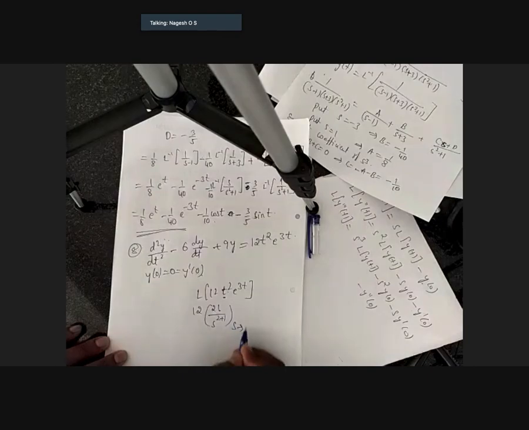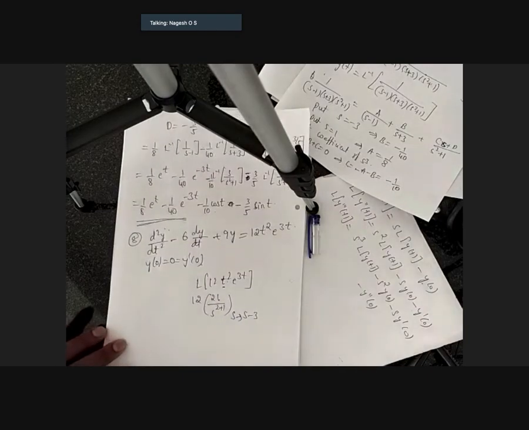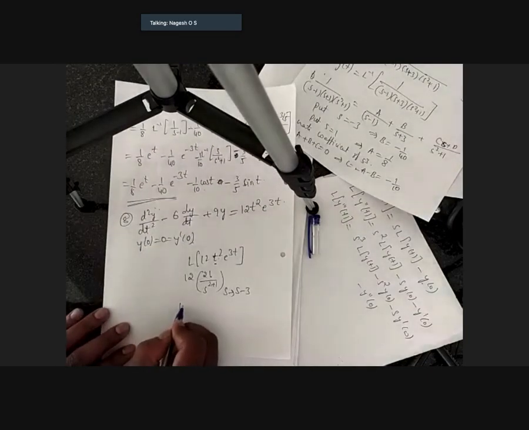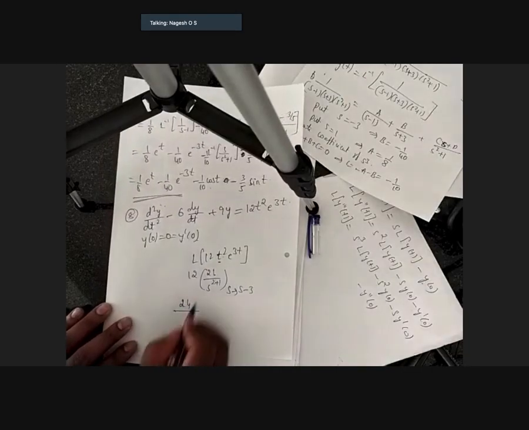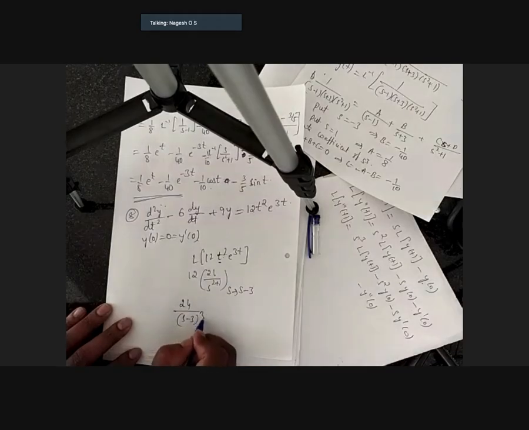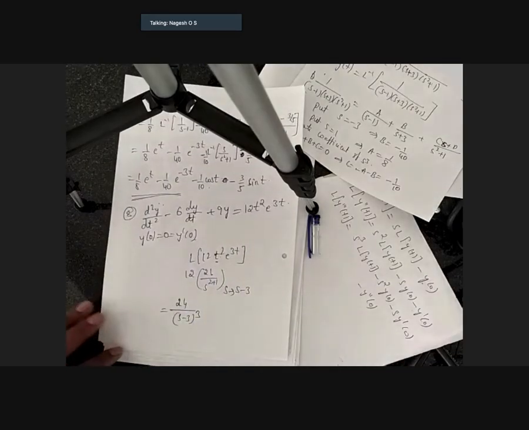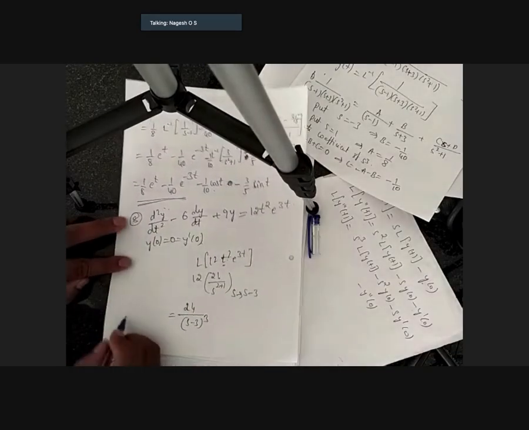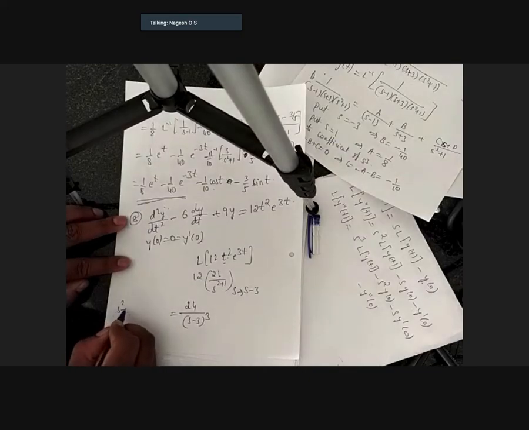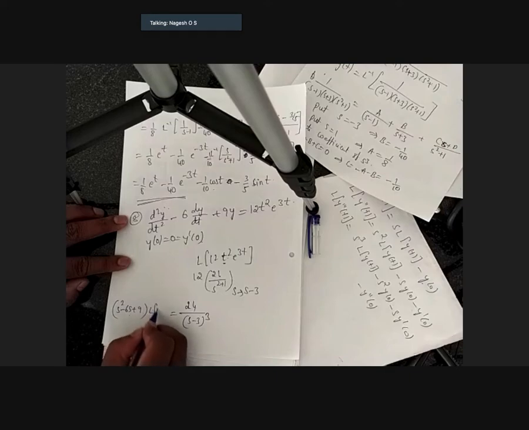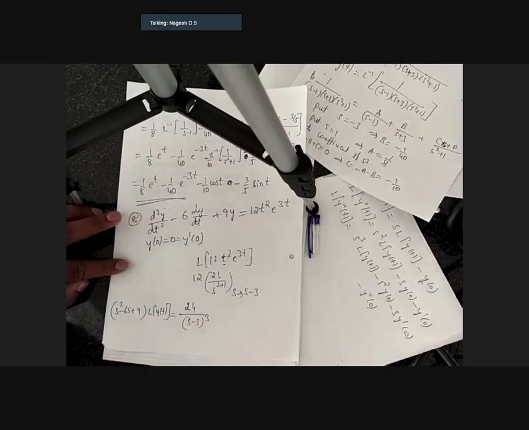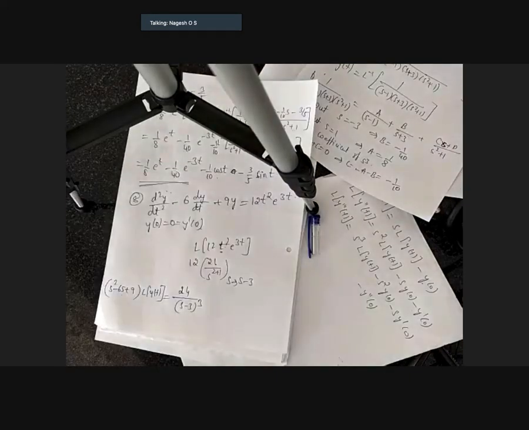Replace s by s minus 3. So 12, 24 by s minus 3 whole cube. Okay, this is the right hand side, and in the left hand side you will get Laplace transform of y of t equal to this much.